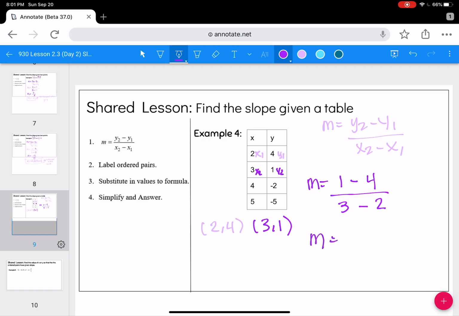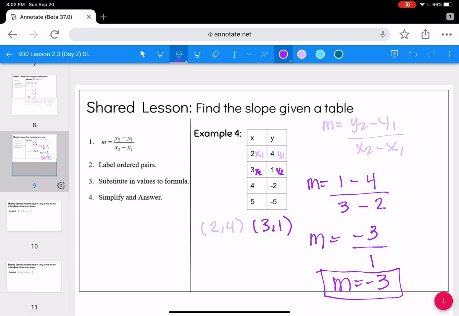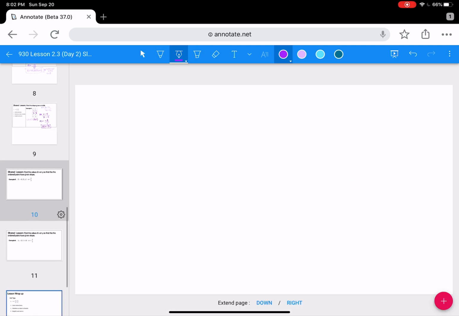So now we have m is equal to -3 over 1. So we have a slope here of -3. And when we're given a table, again, you can just pick 2 points from the table and plug it into the slope formula.